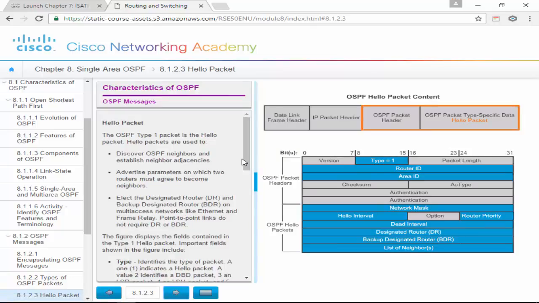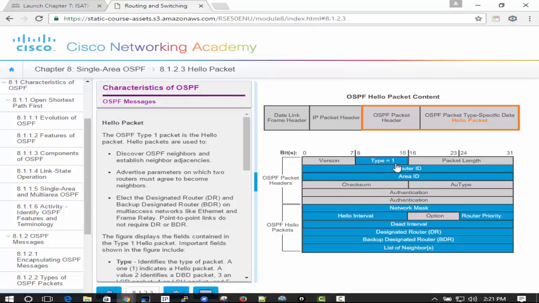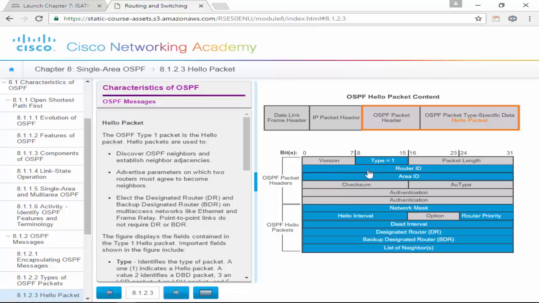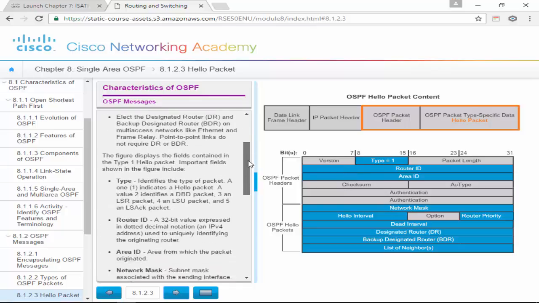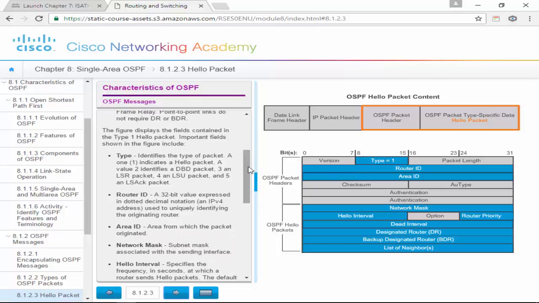Now we have this information, which probably isn't as important, but it tells us, remember, we have the different types inside that packet information. It says type 1, and then we have the router ID and the area. We're going to talk about router ID in a second, but the router ID identifies each router, and it's how we elect our designated router, if there is one.